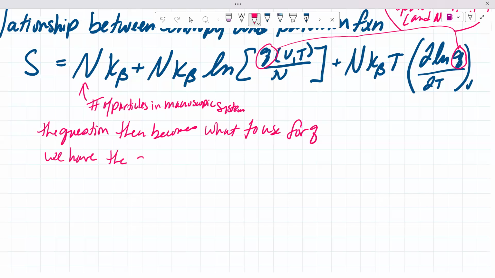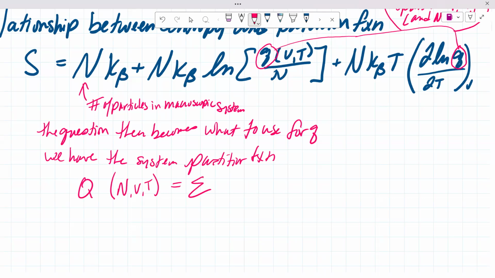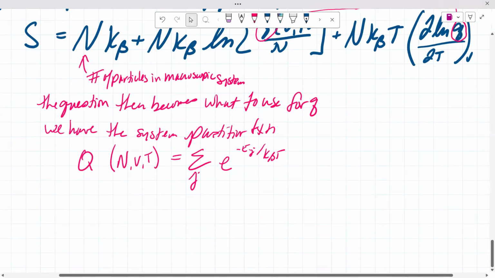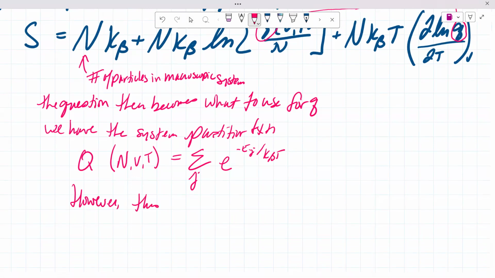The system partition function, remember this one: Q of N, V, T equals the sum over j of the exponentials, e to the negative E_j over k_B T. However, this is not appropriate for the individual gases.